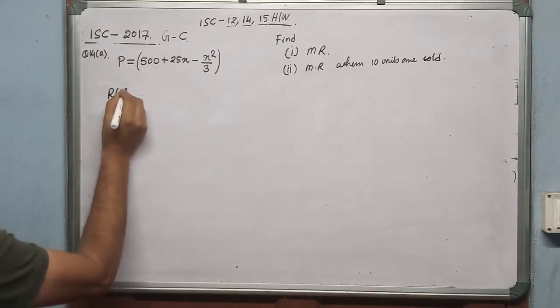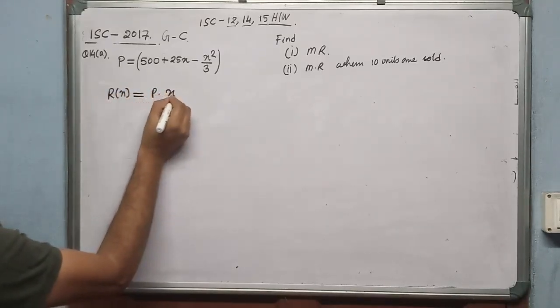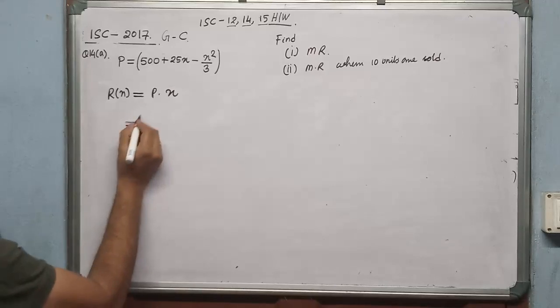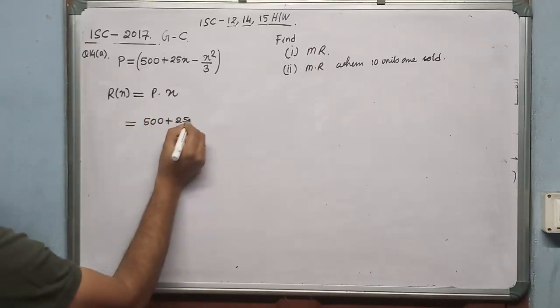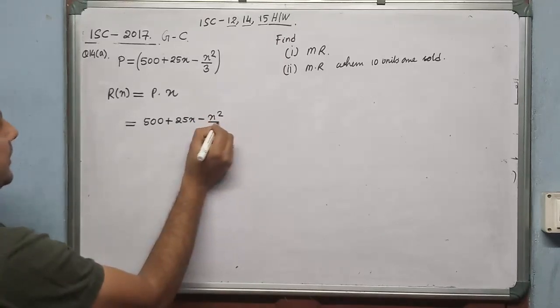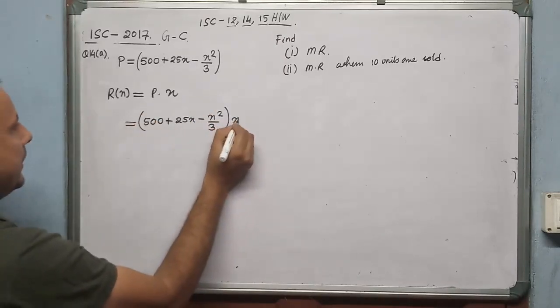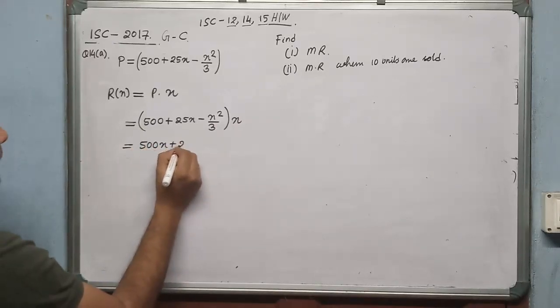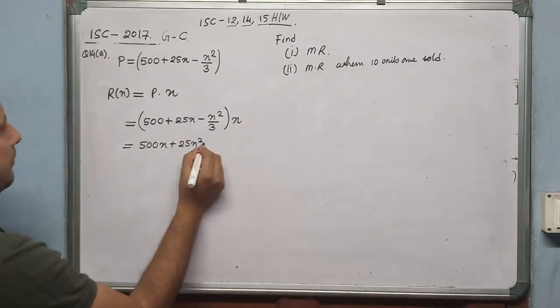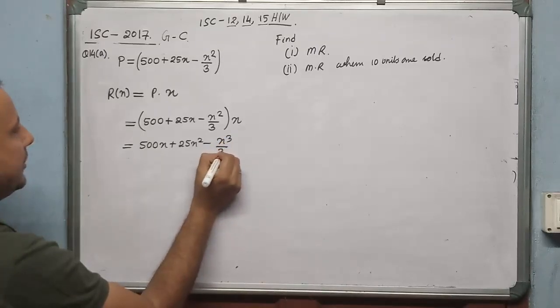The revenue is given by P into x. This is the formula. The demand P is 500 plus 25x minus x square by 3, into x. Open this bracket: it is 500x plus 25x square minus x cube by 3.